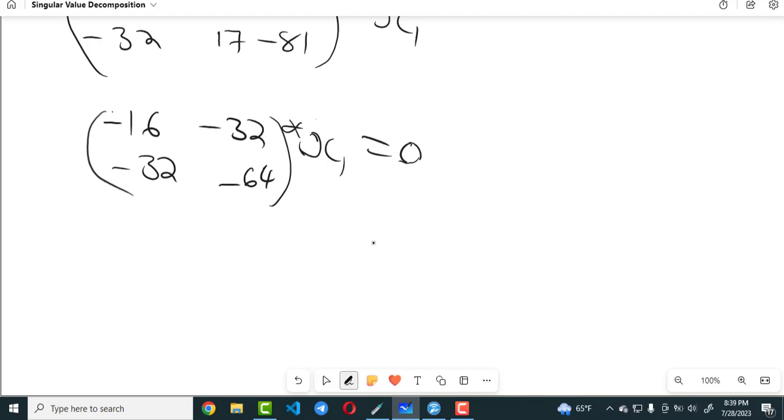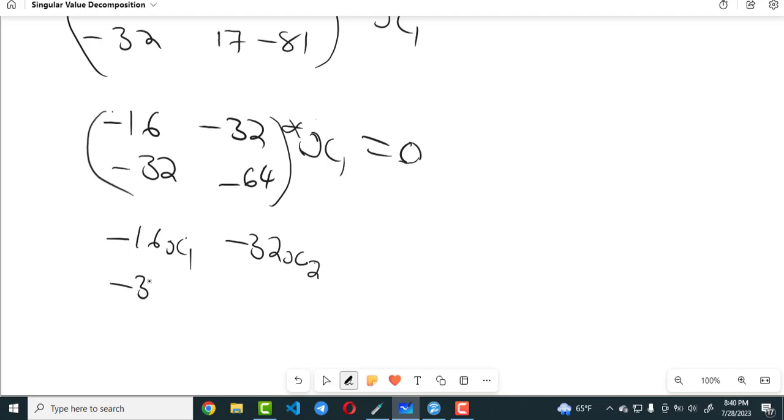Now let us multiply with the x1. If you multiply, what we get is negative 16 x1, minus 32 x. Instead of writing x1 on this one, let us write x2 since it is on the second column.